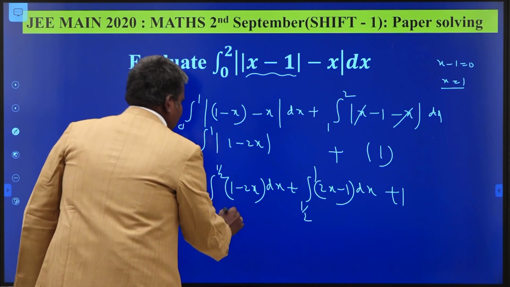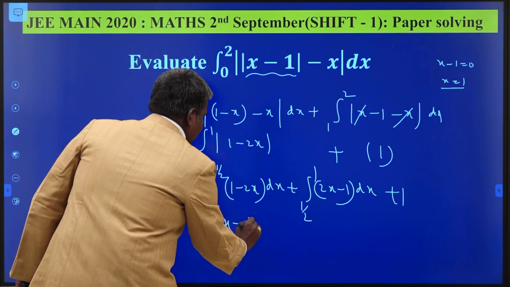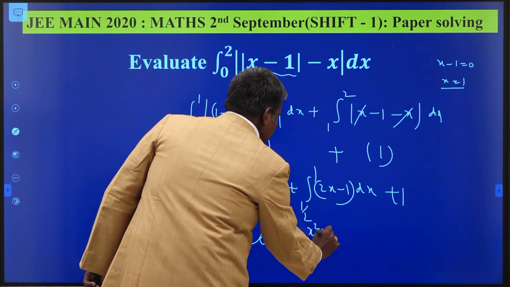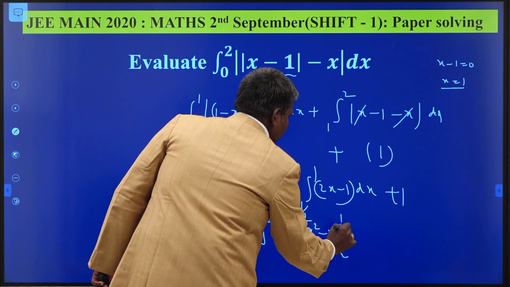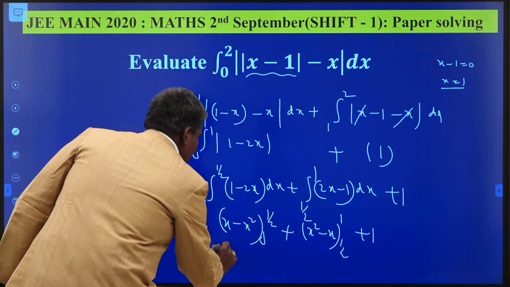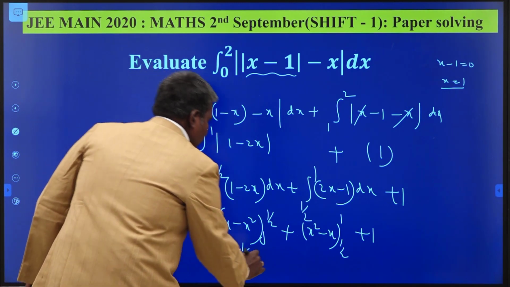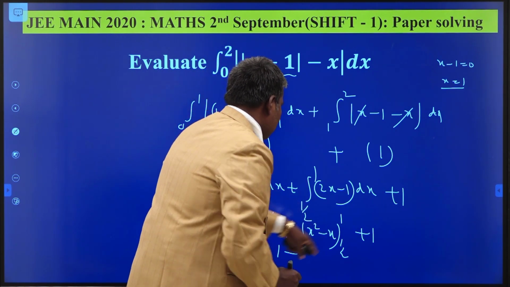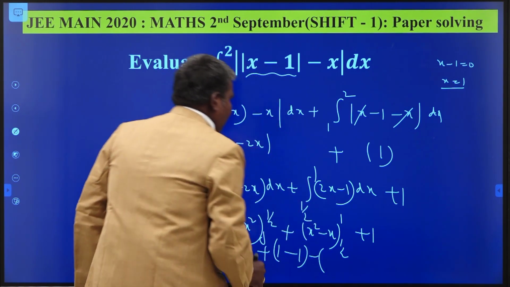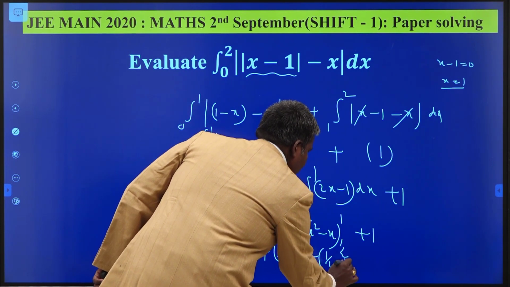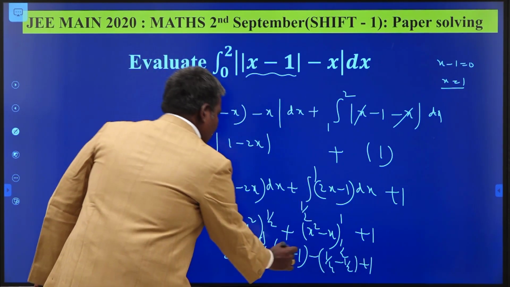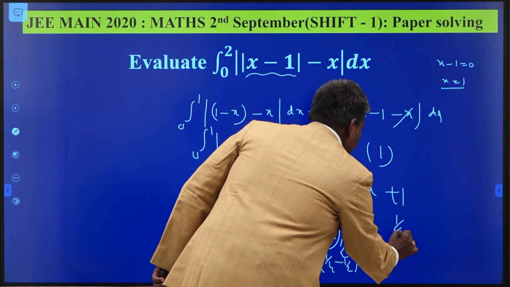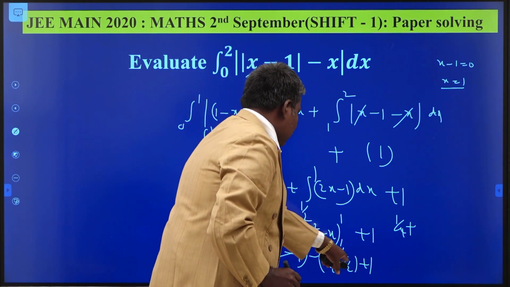So the integration is what? x square by 2, the 2 gets cancelled, x minus x square from 0 to 1 by 2, plus x square minus x from 1 by 2 to 1, plus 1. 1 by 2 minus 1 by 4, plus 1 minus 1, minus of 1 by 4 minus 1 by 2 plus 1. 1 minus 1 gets cancelled, 0. 1 by 2 minus 1 by 4, that is 1 by 4, plus this is 1 by 4.